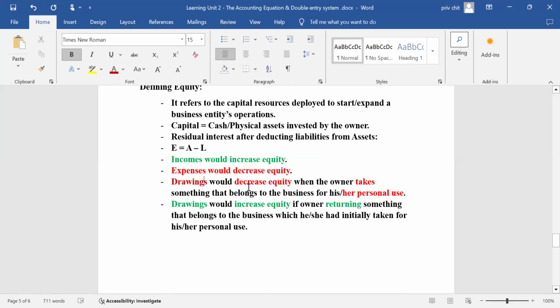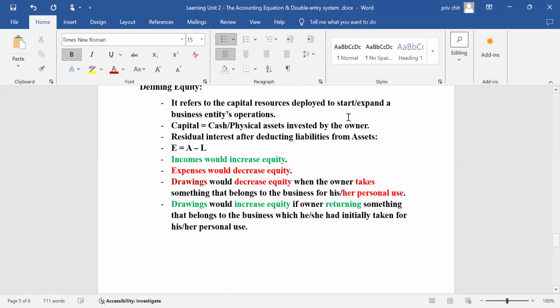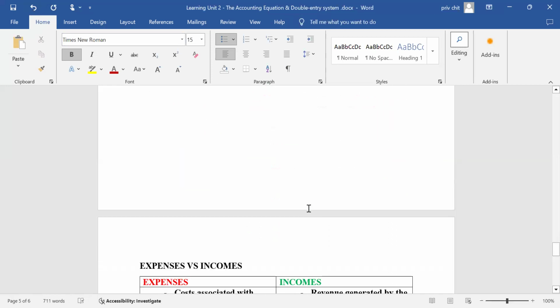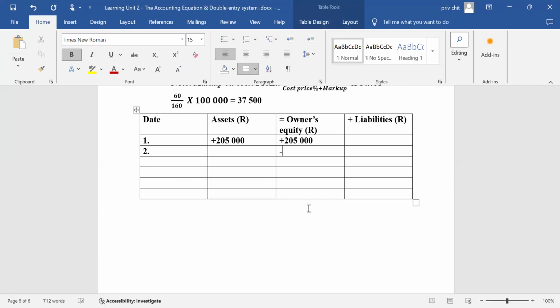In this case, because the owner is taking something, we expect to see a minus for the equity column, with how much? 850 rands. And what about the stock, the trading inventory?